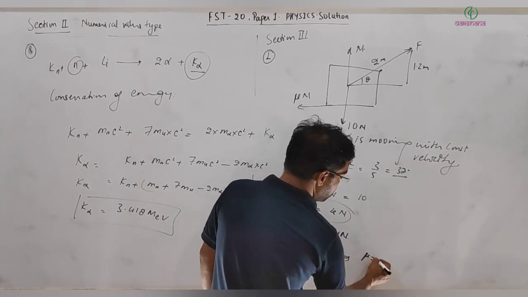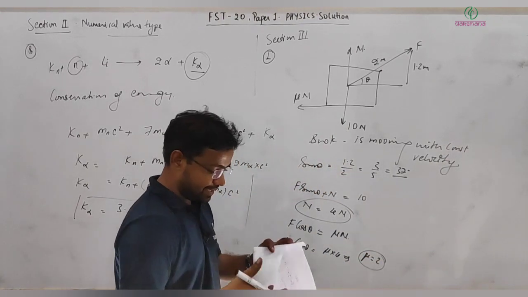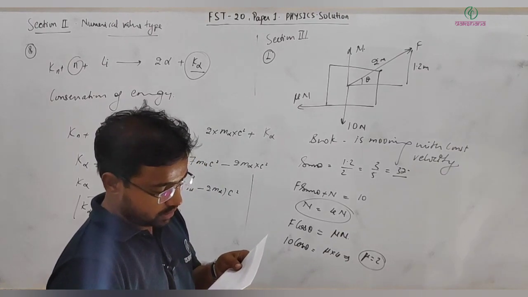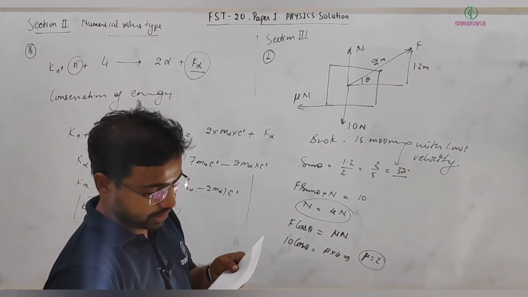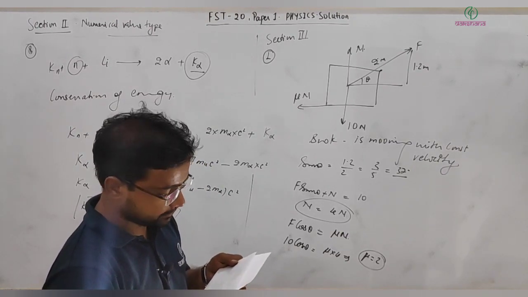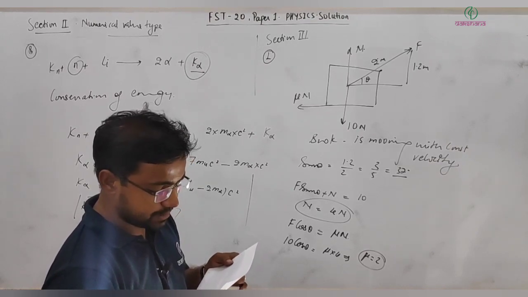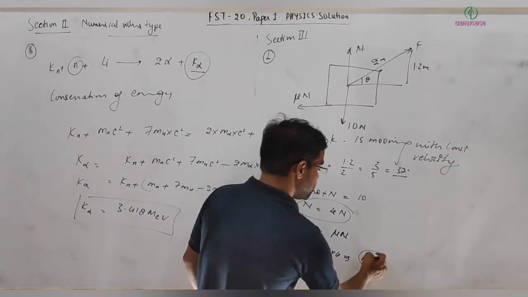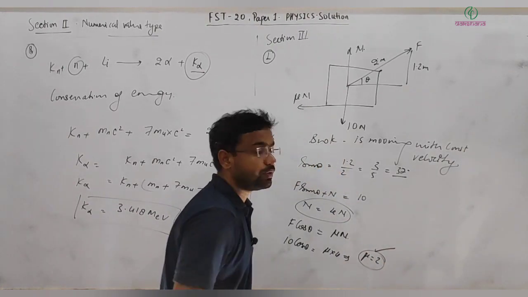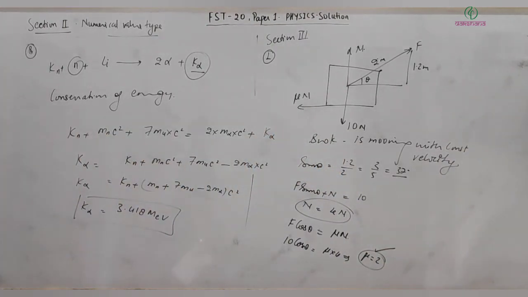Simplifying, we get mu is 2. It is asking to find the coefficient of friction between the block and the floor, so the coefficient of friction comes out to be 2. So the answer is 2 for question number 1 of section 3.